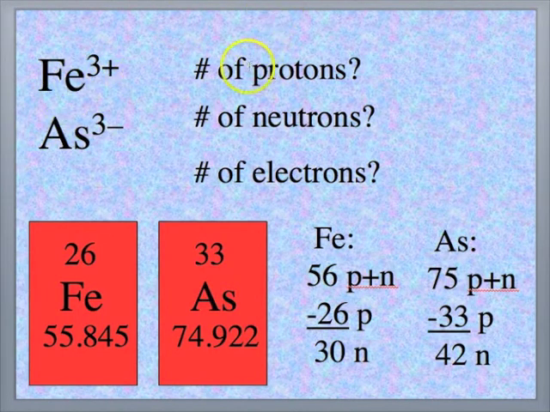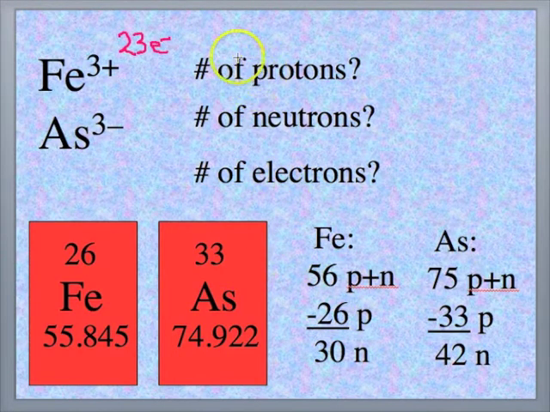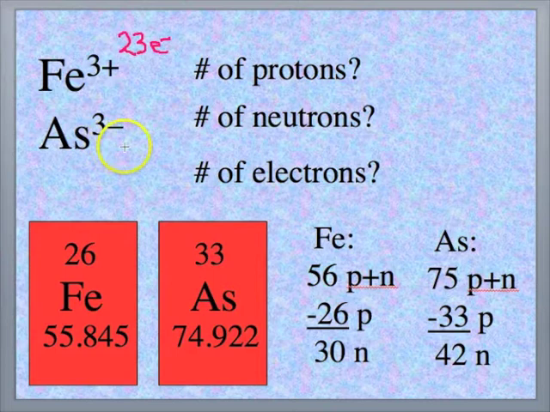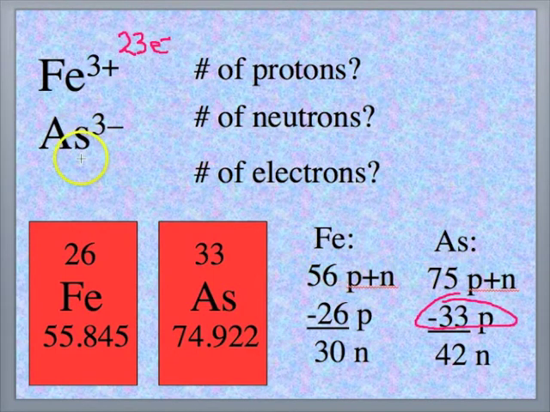So the iron cation is going to have 26 minus 3, 23 electrons. In other words, 26, the number of protons, minus 3. Now, arsenic is going to have 3 more electrons than protons. Because arsenic has 33 protons, the arsenic anion, As3-, is going to have 3 more electrons, or 36 electrons.